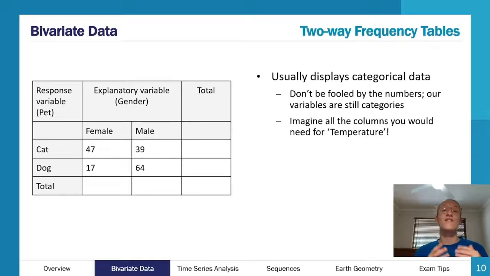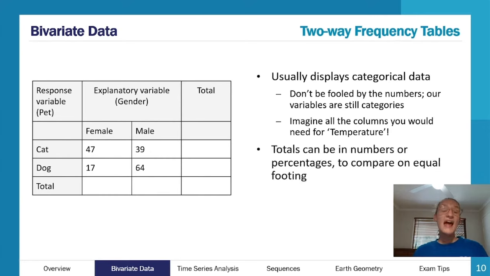And again, while we do have numbers representing the amount of votes we had for each category, our variables themselves are gender and pet. They're definitely categories, because the categories we have in this scenario are female and male and cat and dog. And totals, like I said before, can be expressed in either numbers or percentages.